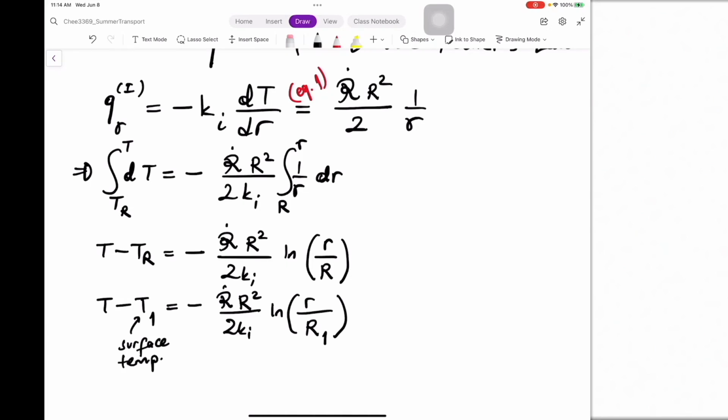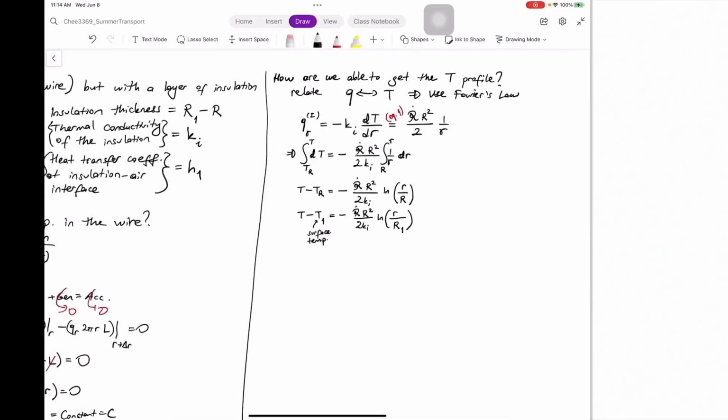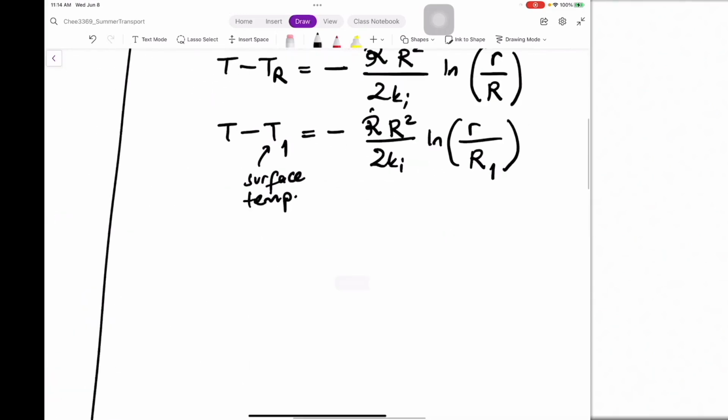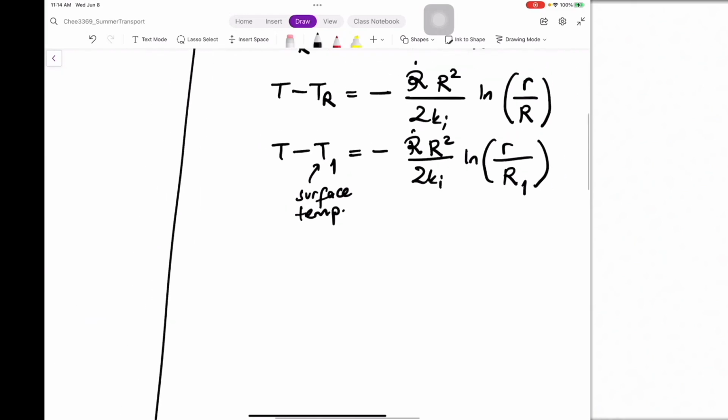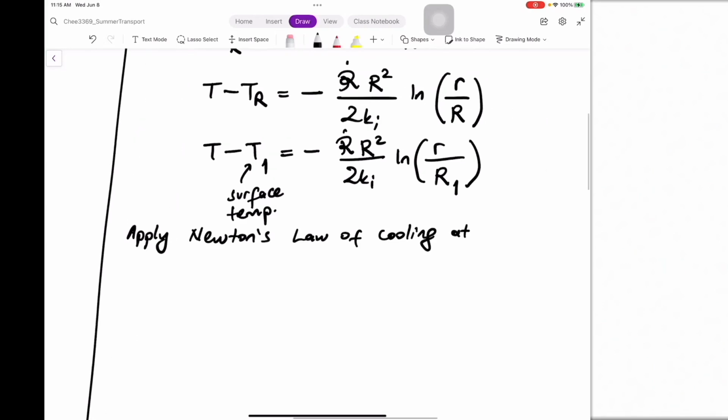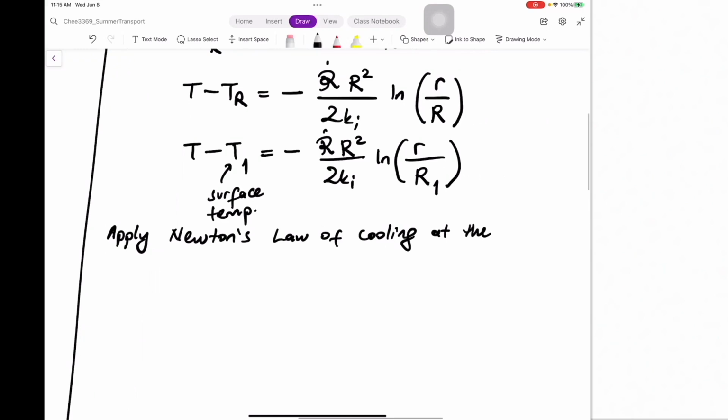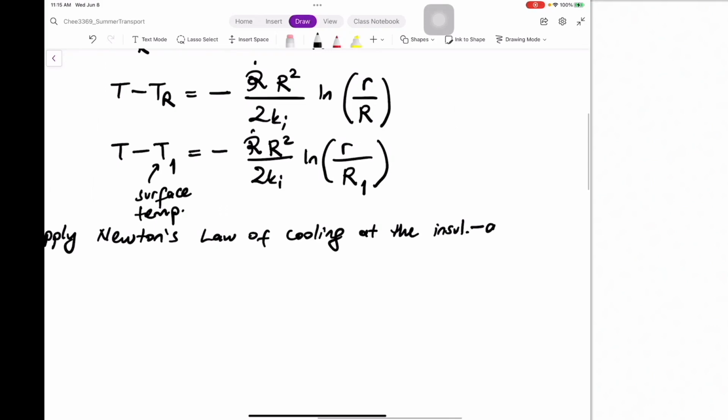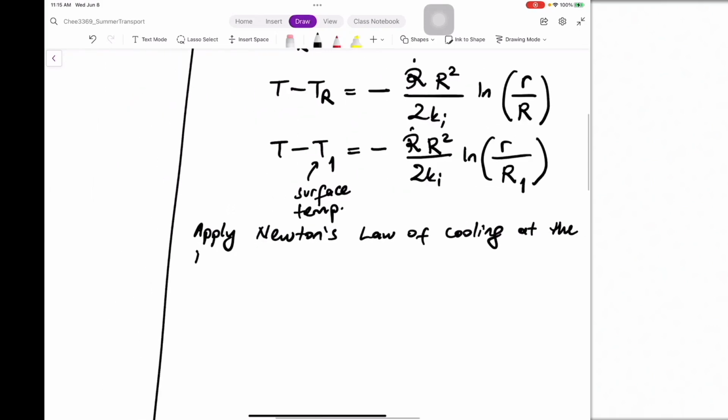So you can write down the Newton's law of cooling at that surface. Apply Newton's law of cooling at the insulation air interface.